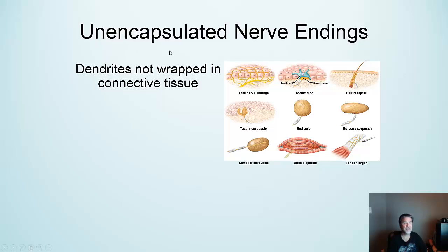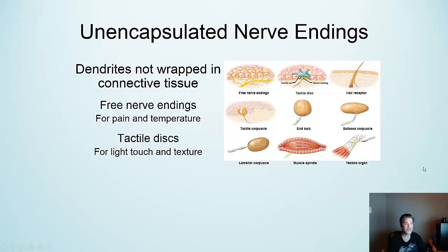There are unencapsulated nerve endings and encapsulated nerve endings. I don't want you to get too wrapped up, no pun intended, in these particular types, but you should understand that dendrites that are not wrapped in connective tissue are unencapsulated, and this would include free nerve endings for pain and temperature. So we see these raw nerve endings projecting right up underneath the epidermal layer of the skin.